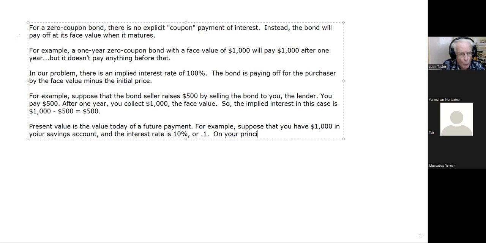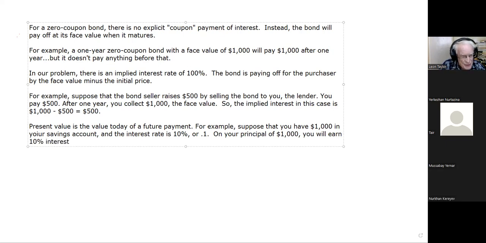On the principal in your account, you will earn 10% interest after 1 year, or $1,100 overall after 1 year.